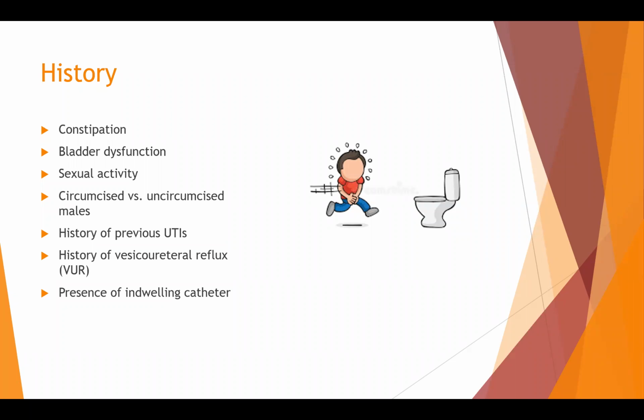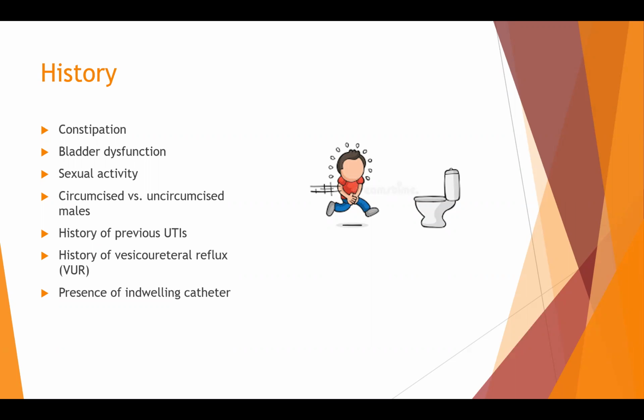So that's a huge thing to ask about as you're taking a history on these kids with suspected UTI. And really, our treatment of constipation often will help prevent future UTIs.